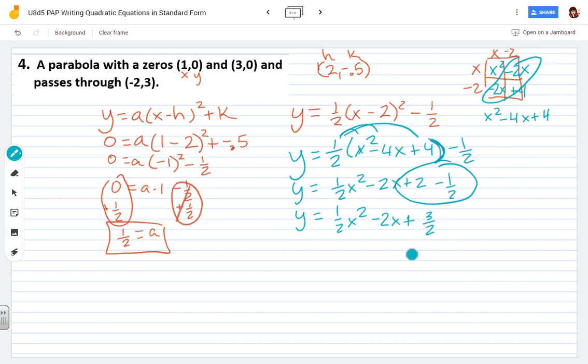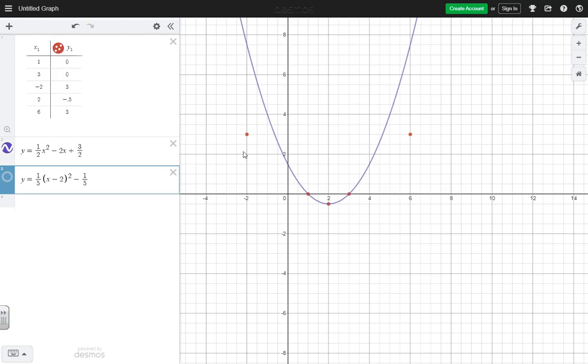Okay, so let me go ahead and put this in. So here I went ahead and put it in, and it hit those points pretty good. It hit our vertex that we guessed at, but obviously it wasn't compressed enough, right? It wasn't made wide enough. So what I did is I wrote this next equation here in vertex form.